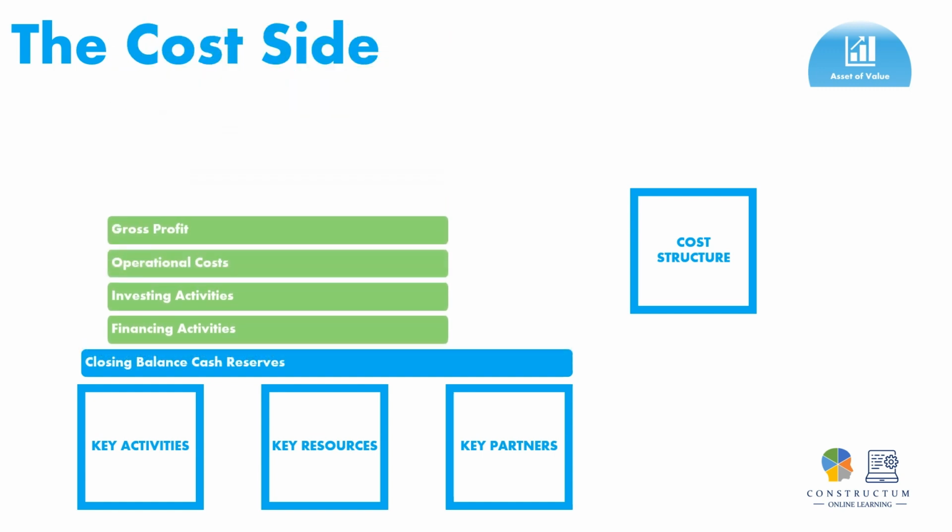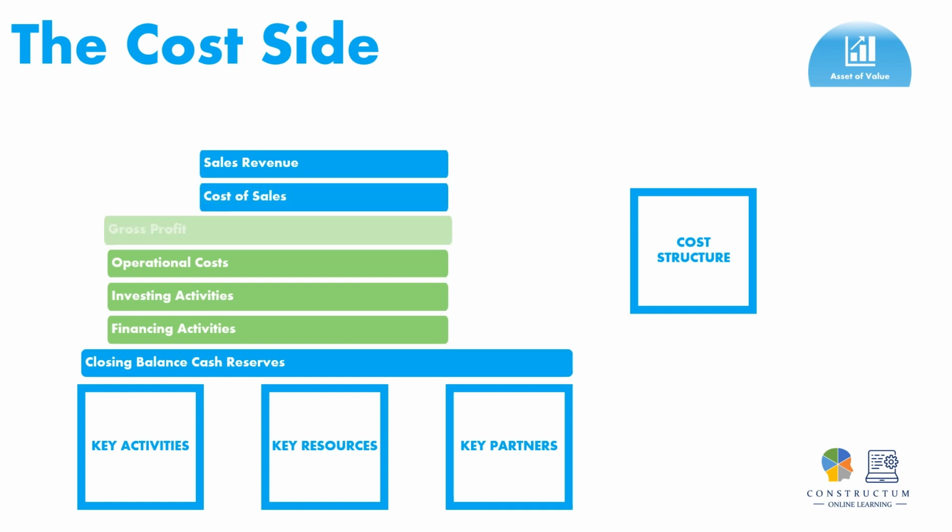Total overheads represent the low water mark for profitability. At minimum, a business must generate gross profits of sufficient value to provide for overheads.